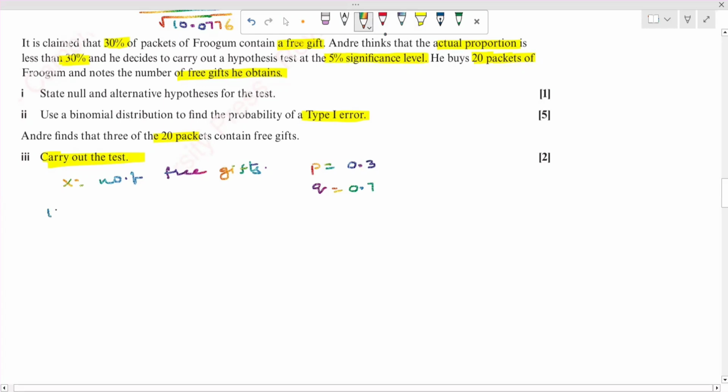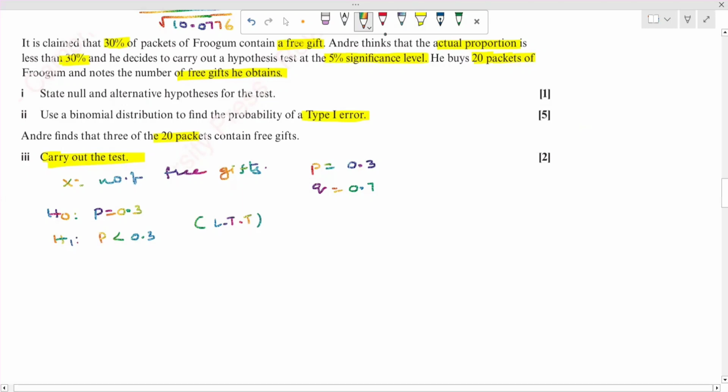The null hypothesis is P equals 0.3, and alternate is P less than 0.3. So lower tail test.